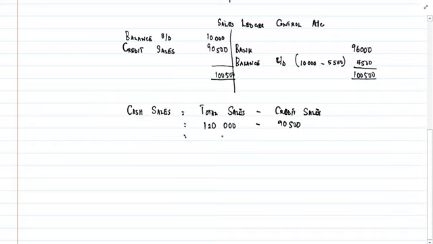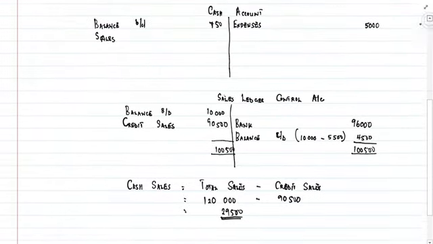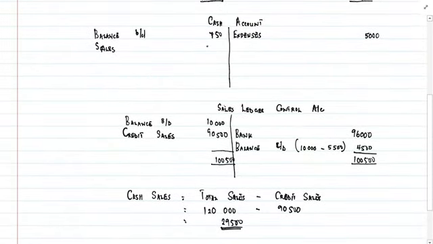Right, that amounts to 29,500. And we will insert it in our cash account, which is 29,500. We sum it up. $30,000.